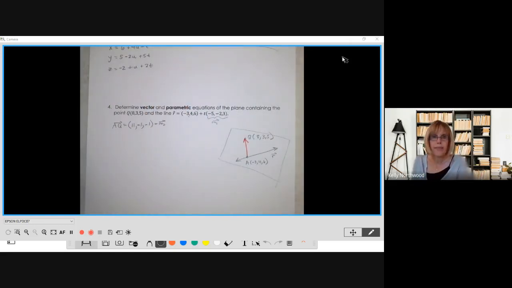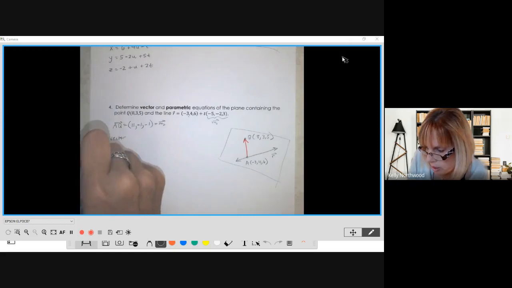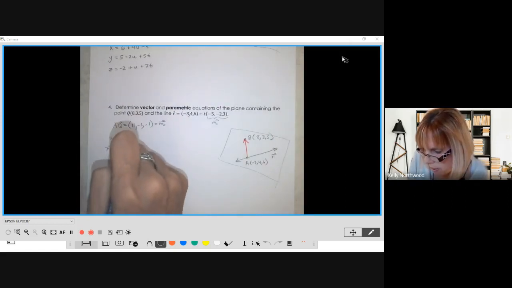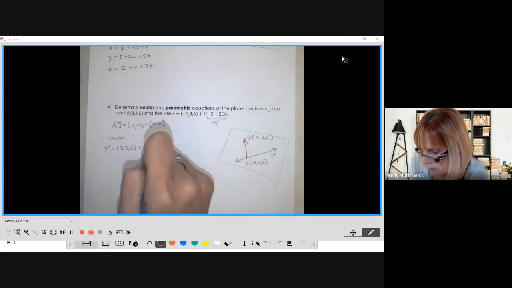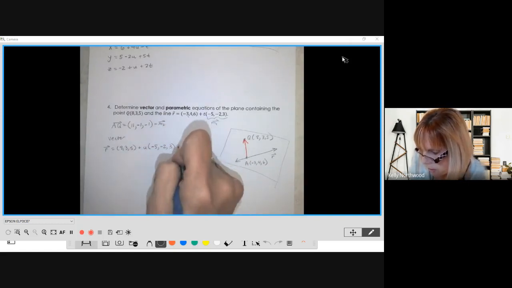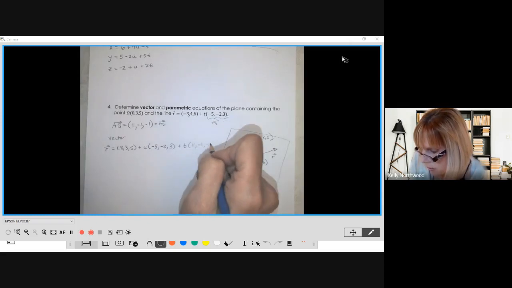So now I have my two different directions. So my vector equation, I'll just choose the point (8, 3, 5), plus u times (-5, -2, 3), plus t times (11, -1, -1).